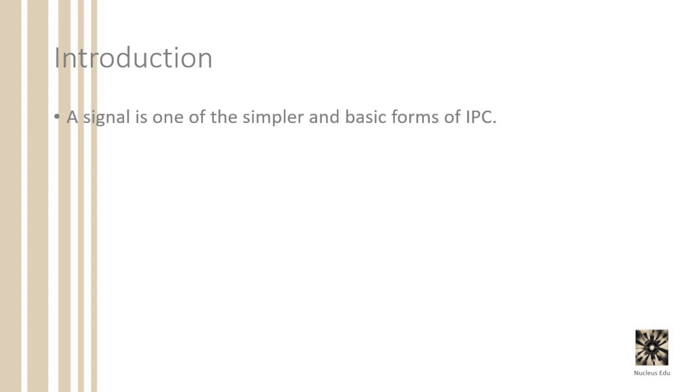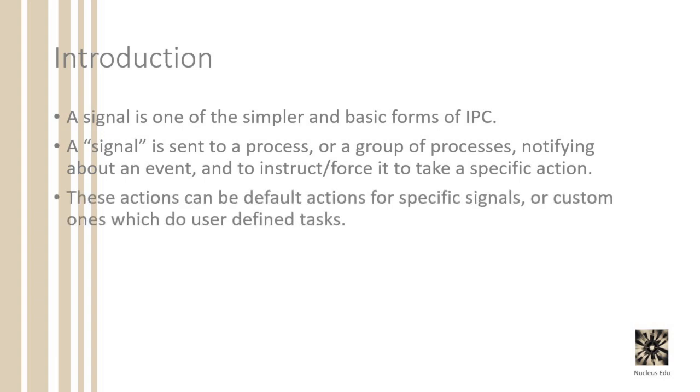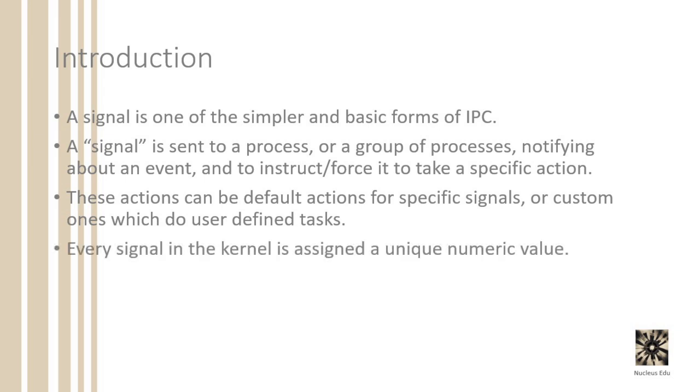So a signal is one of the simpler and basic forms of inter-process communication, right? It is there with a precise goal. A signal is sent to a process or a group of processes, notifying about an event and to instruct or force it to take a specific action. These actions can be default actions for specific signals or custom ones which do user-defined tasks.